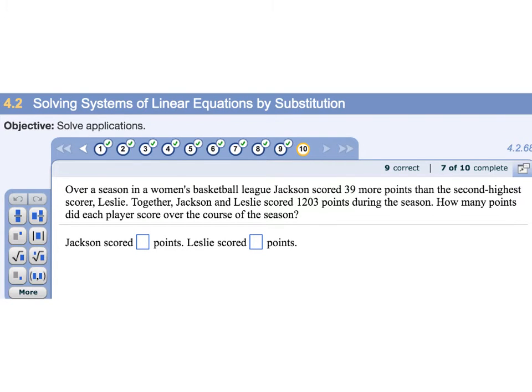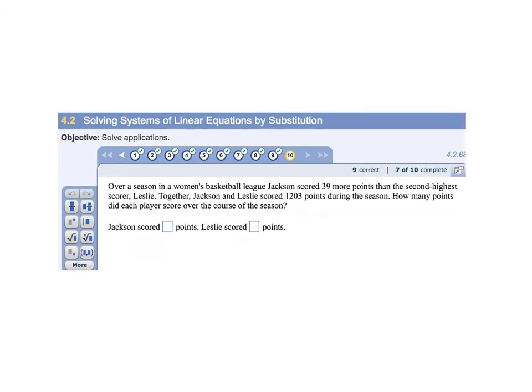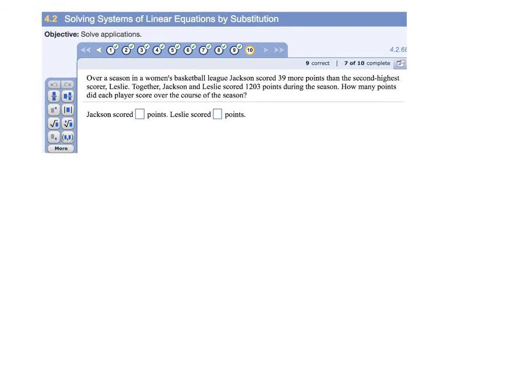Very similar problem to question 9. You've got these two basketball players. Jackson scored 39 more points than the second highest scorer, which is Leslie. So what does that mean? Jackson minus Leslie is equal to 39 points.